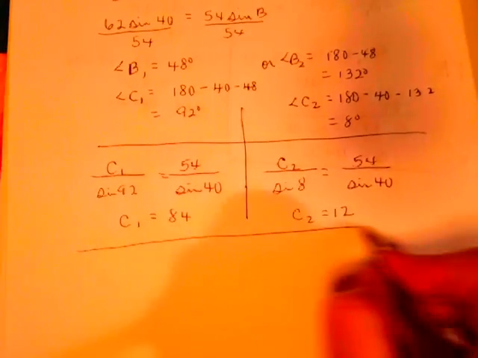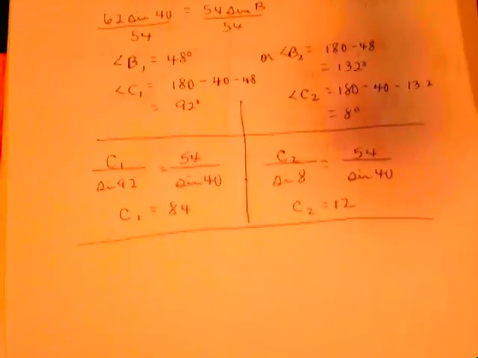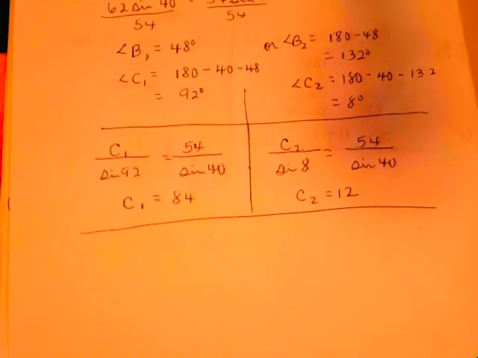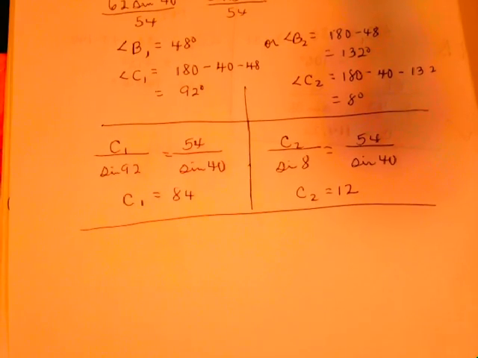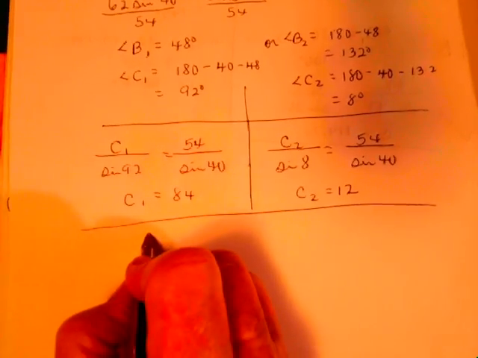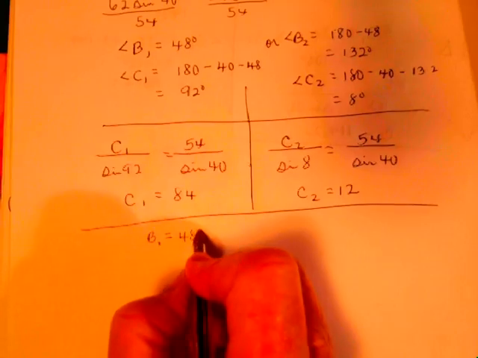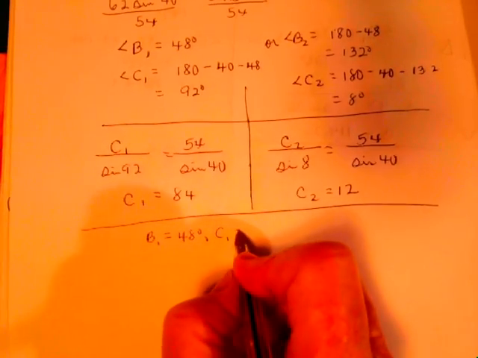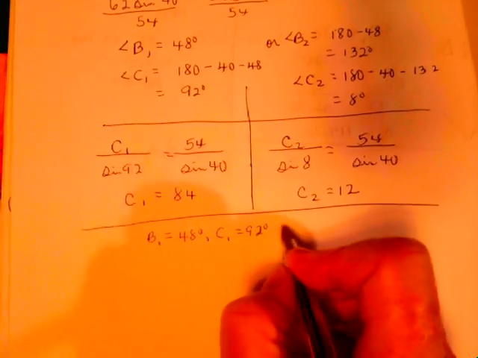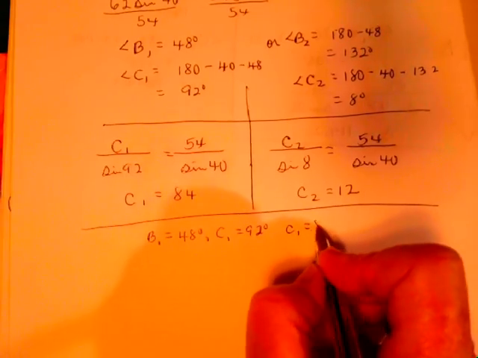I now have solved my triangle, and from the given information I can make two triangles. The first one is B1 equals 48 degrees, C1 equals 92 degrees, c1 equals 84.